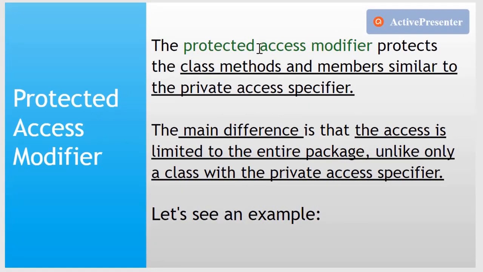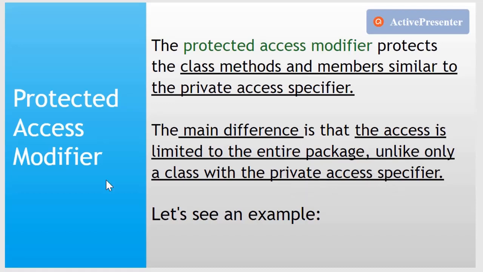The protected access modifier protects the class methods and members, similar to the private access specifier. The main difference is that protected access is limited to the entire package, unlike only a class with the private access specifier.